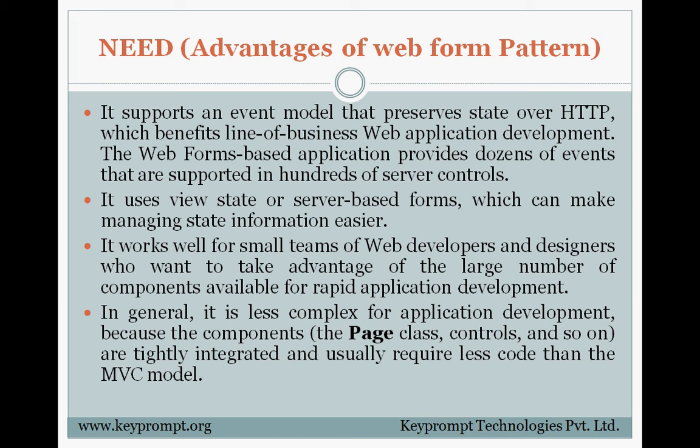All these things are done automatically for you in the web form pattern. But in MVC, you have to do all these things on your own. These are some advantages of the n-tier architecture, the older one. But still, that is easy. But the new one is the new technology, the fast technology.